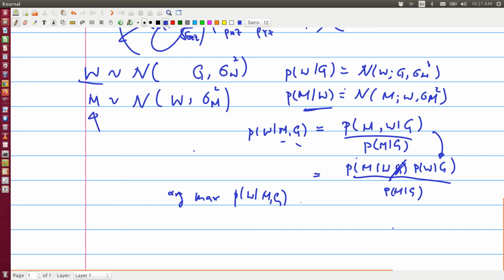What I need is just the upper terms, because only the upper terms depend on W. If I don't have the argmax, I can write this as some constant times P of M given W times P of W given pi.